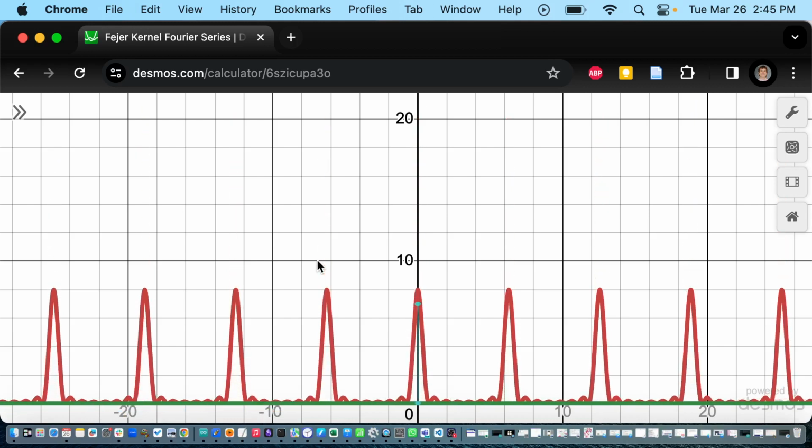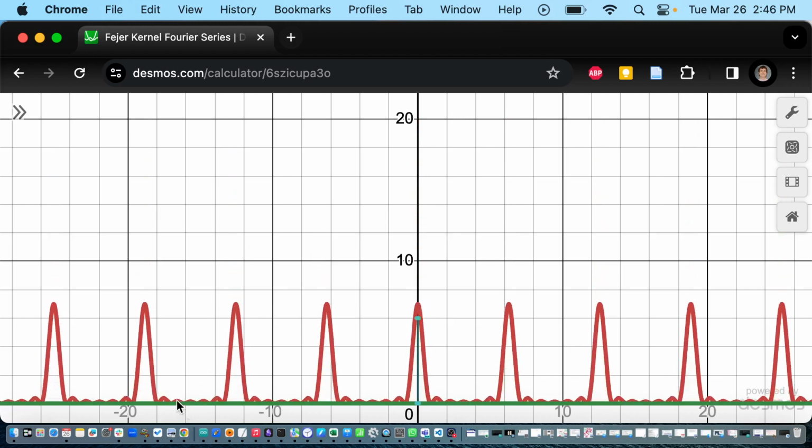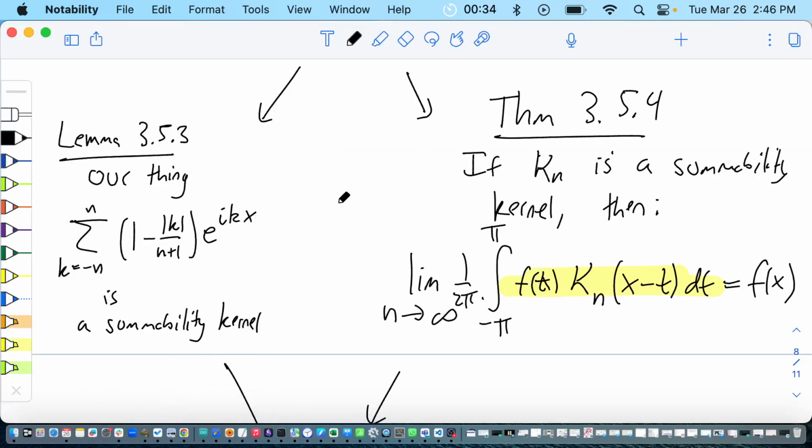So for any delta, the integral from minus delta to delta converges to 1. So it has all the properties we want. And the second thing we have to show is that when it has all the properties we want, it does the thing we need. So if it's a summability kernel, then it behaves like a Dirac delta in the limit as n goes to infinity. You integrate f of t against kn, and you just get back f of x. So you get the value of the function at one single point.